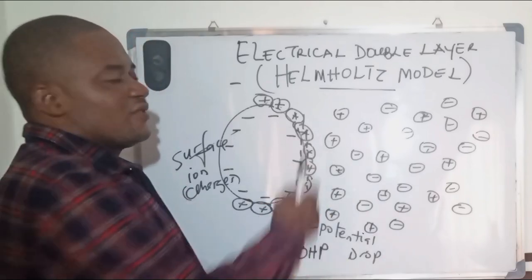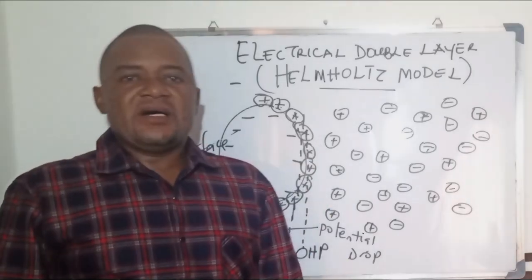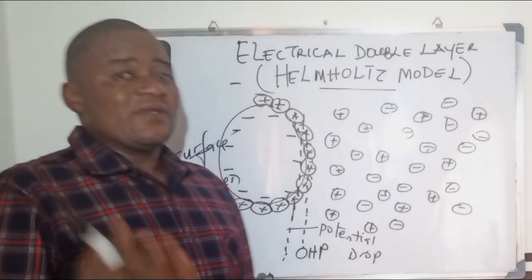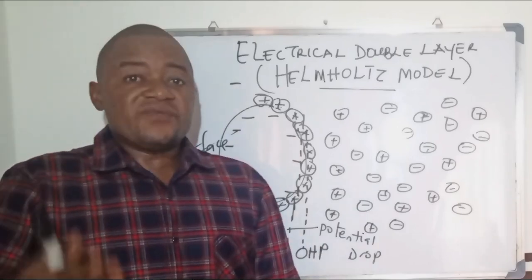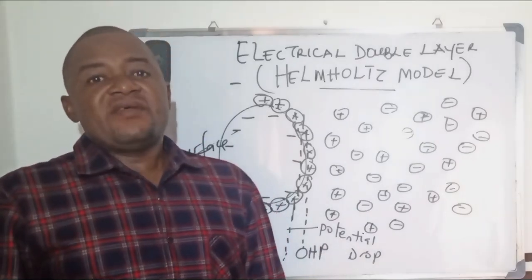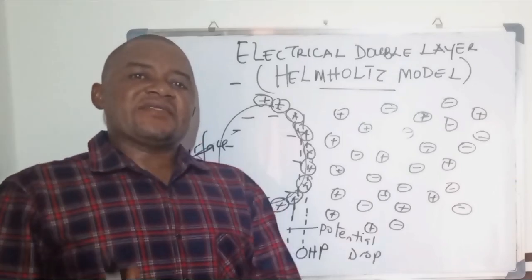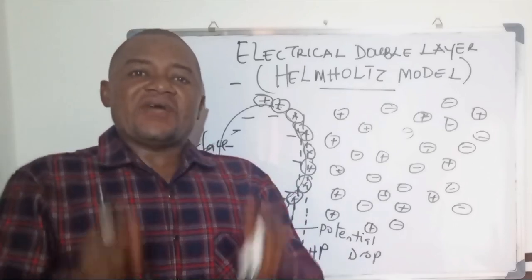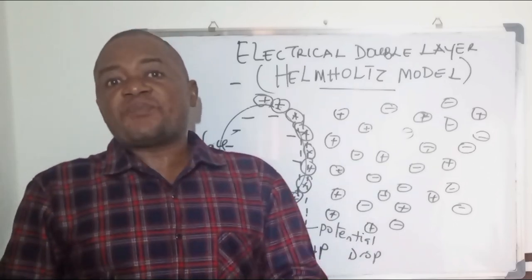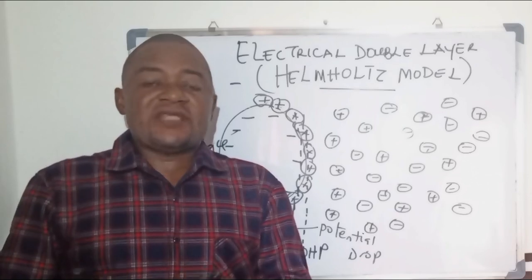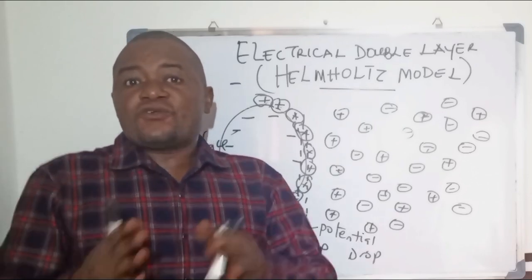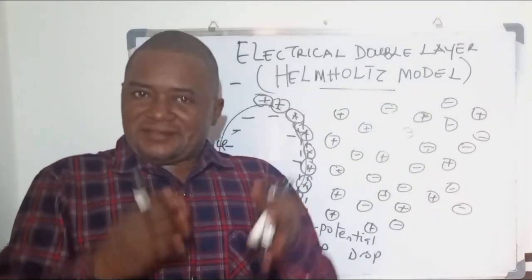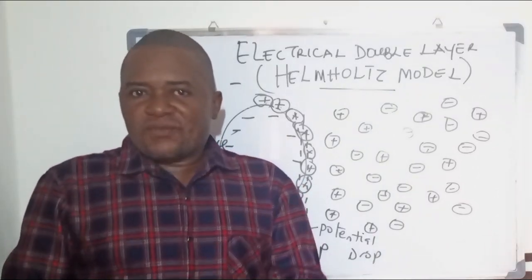Helmholtz, whose full name is Hermann von Helmholtz, was the very first person who discovered that whenever an electrode is dipped in an electrolyte, there is an establishment of an electrical double layer between them, due to the migration by electrostatic interaction of solvated ions closer to the surface of the electrode, which has static charges that do not move.